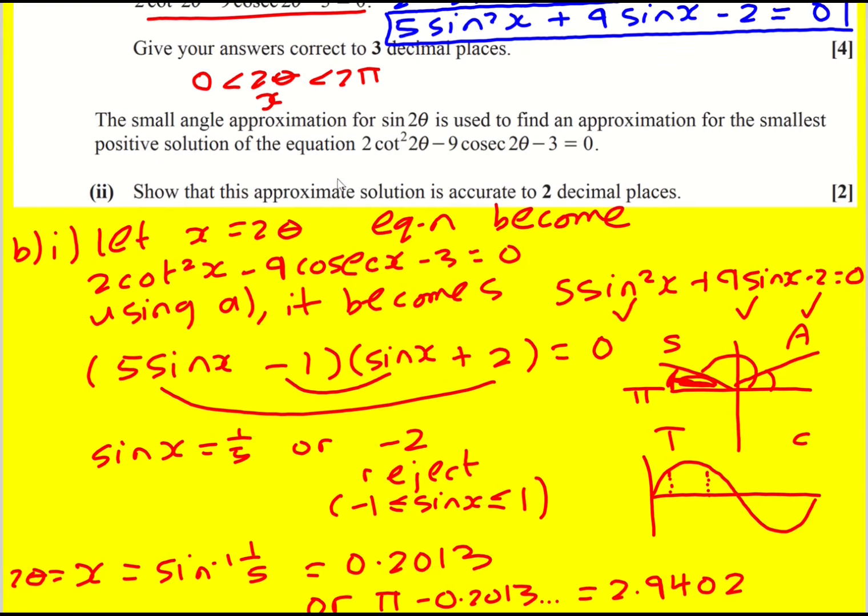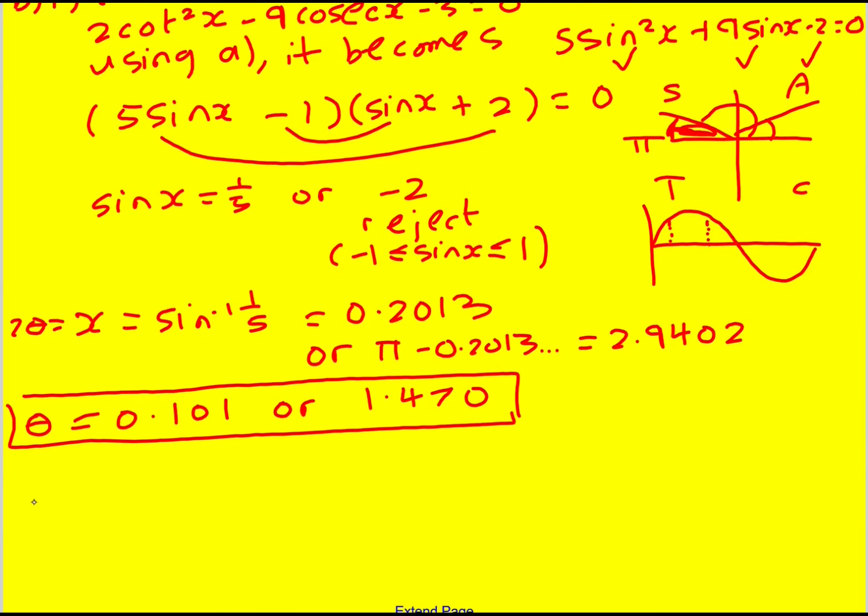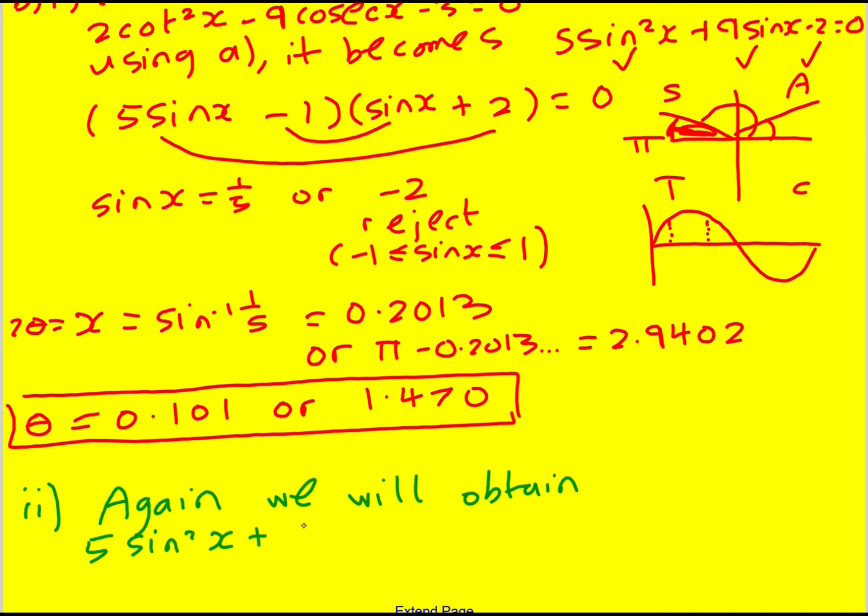All right, and the last part of this question was told that the small angle approximation for sine 2 theta is used to find an approximation for the smallest positive solution of this equation. We have to show that it's accurate to 2 decimal places. All right, interesting. So again, we will obtain 5 sine squared x plus 9 sine x minus 2 equals 0.